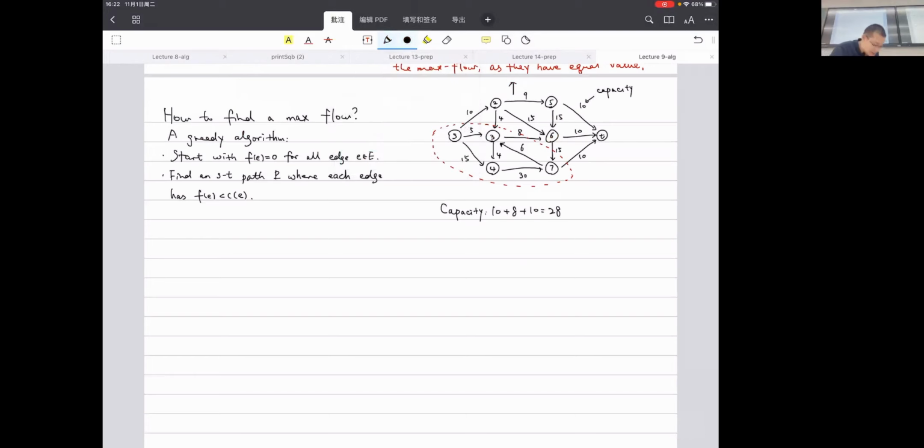As was mentioned, as long as you can find an ST path, you just augment the flow along P. By augment, it's just until some edge reaches Fe equals Ce. And you do this again and again.